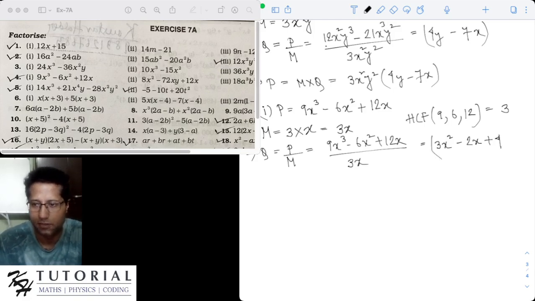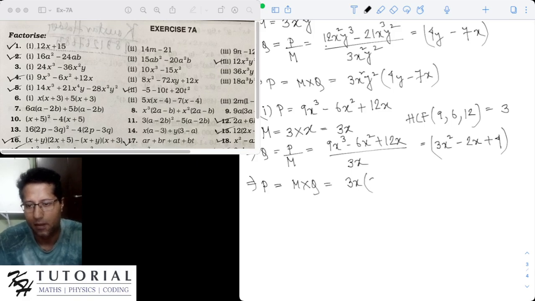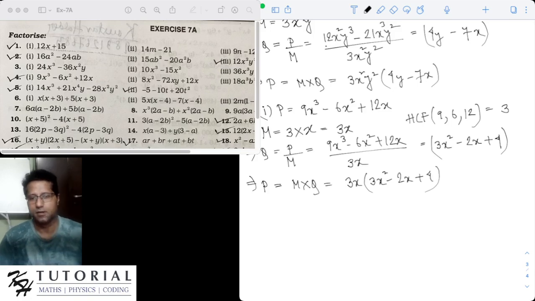So this is q. So the factorization of the polynomial p will be m multiplied by q, and this is 3x multiplied by 3x square minus 2x plus 4. So this is the final factorization of the given polynomial.